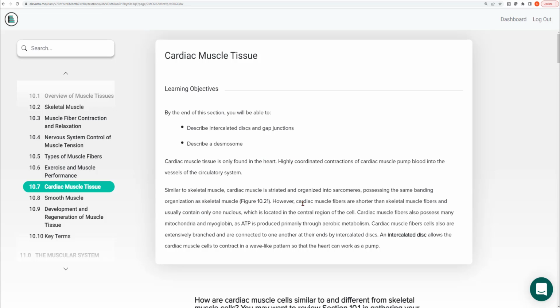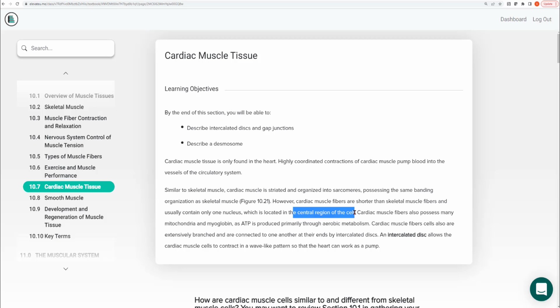Cardiac muscle cells are shorter than skeletal muscle fibers. Usually, cardiac muscle cells have only one nucleus, although occasionally there's a couple, but usually one. Those nuclei are found more in the center of the cell.